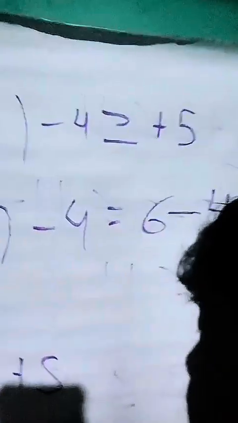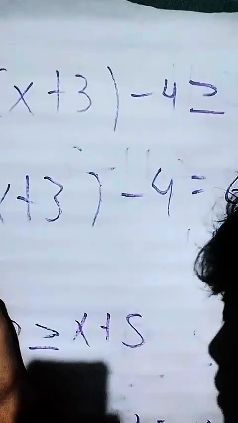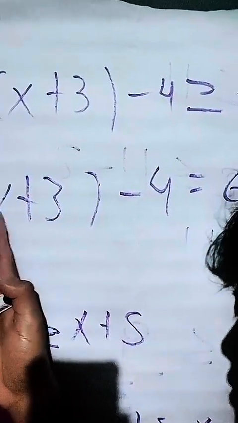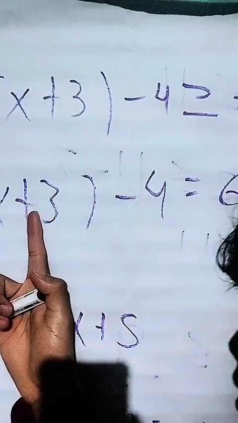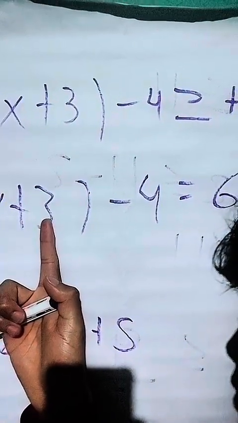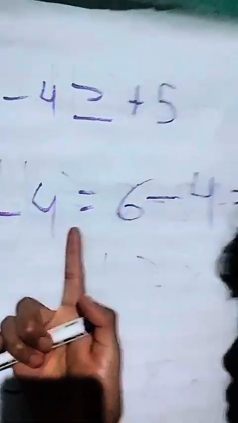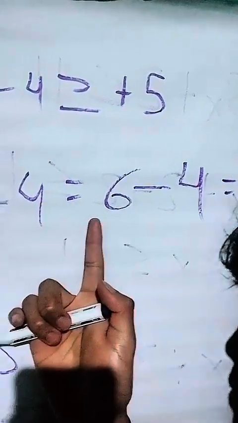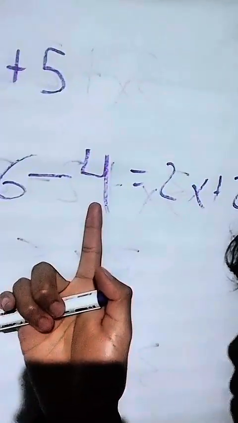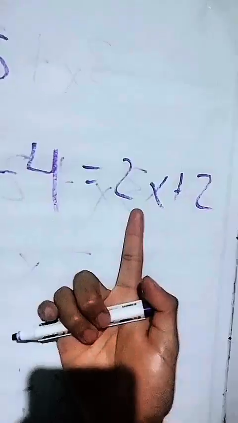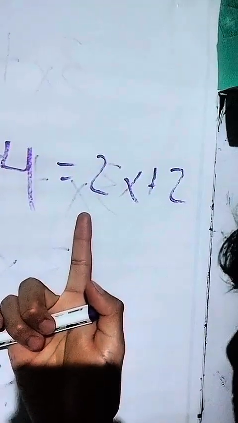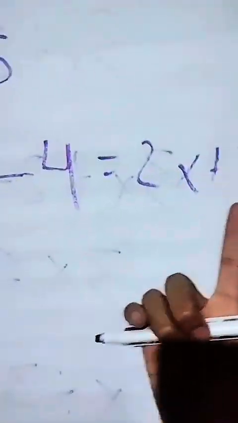Step 1: distribute the terms. 2 times (x + 3) is 2x + 6, minus 4, which equals 2x + 2.